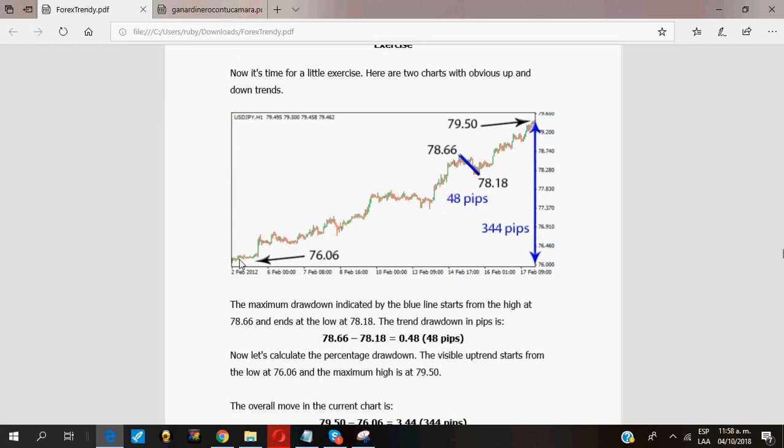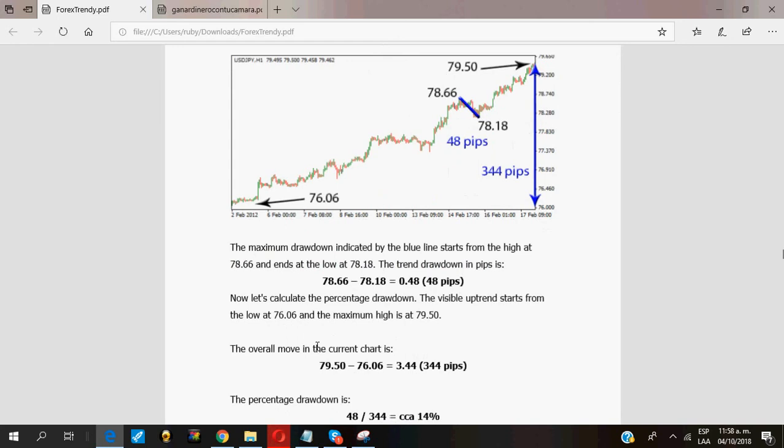Now let's calculate the percentage drawdown. The visible uptrend starts from here, from the left lower corner, to the right upper corner, and is from the low 76.06 and the maximum high is at 79.50.